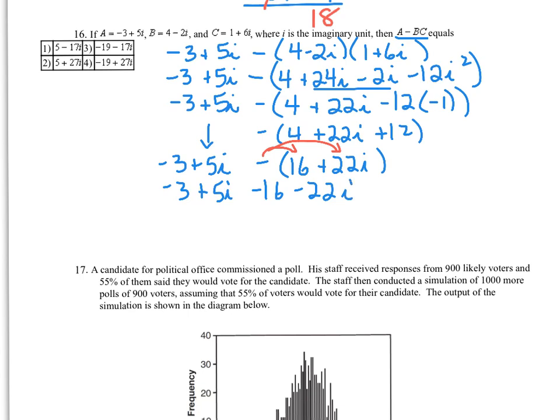And let's add our like terms. So we have negative 19 and then we have what? Minus 17i. And there is our answer. And then if you go up and you look, that is choice 3.